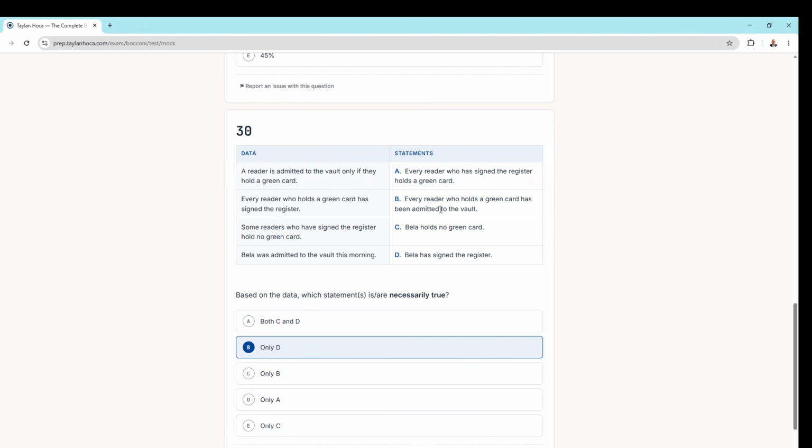Every reader who holds a green card... I'm sometimes confused about those necessary and sufficient conditions. Every reader who holds a green card has been admitted to the vault. A reader is admitted to the vault only if they hold a green card.